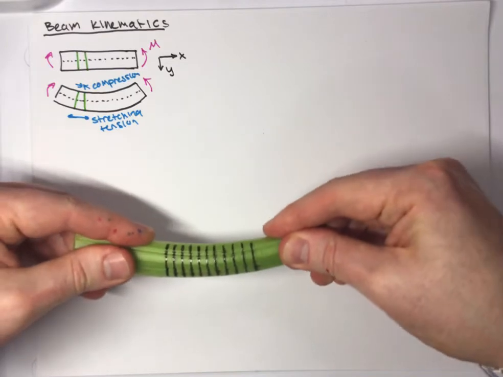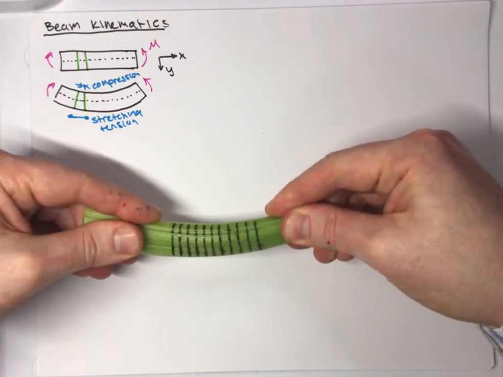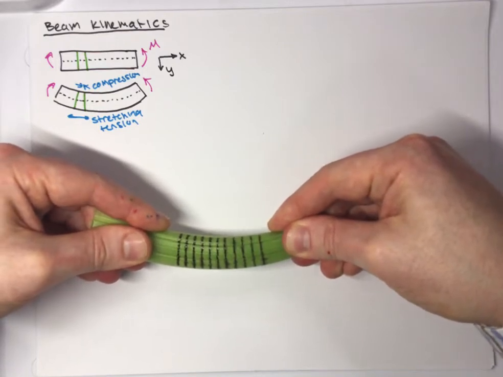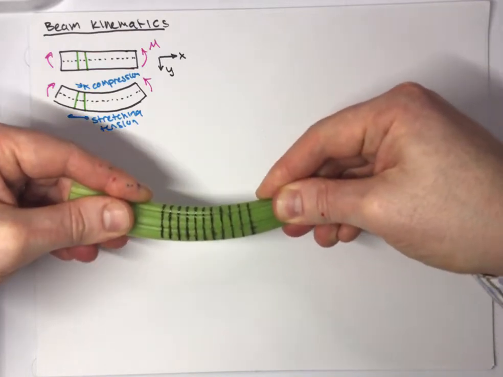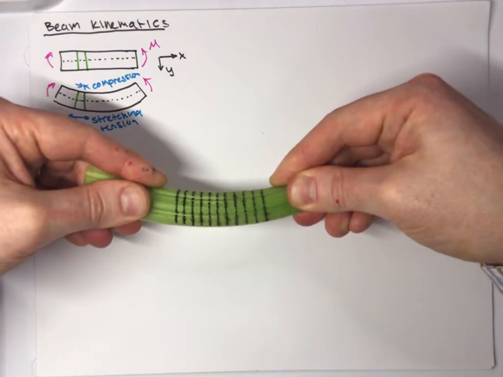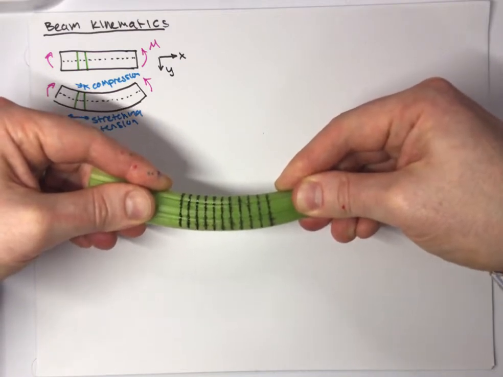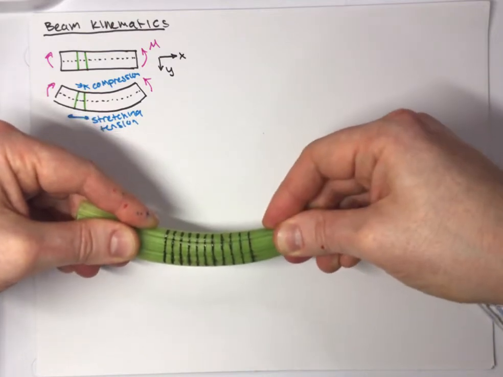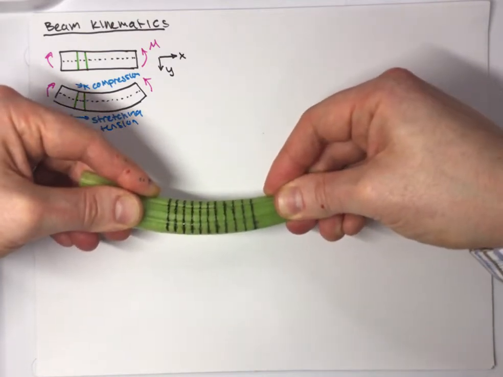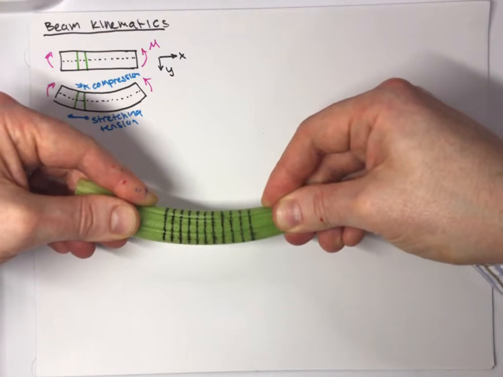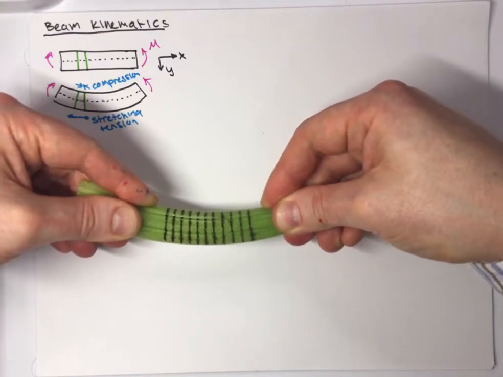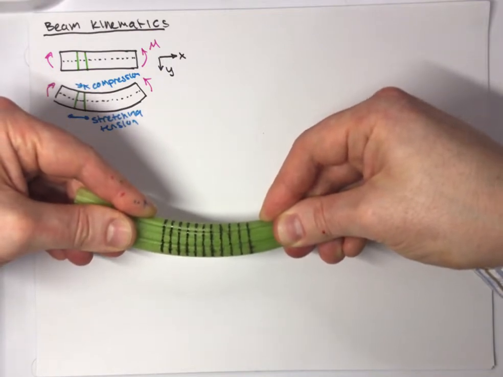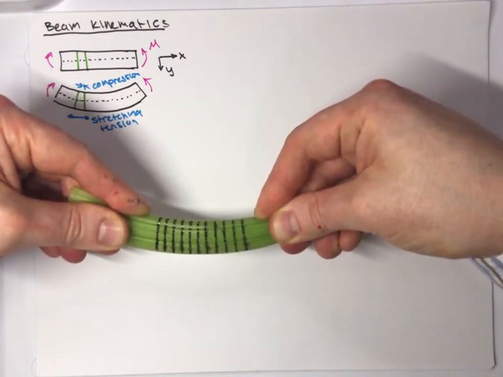So as I bend my celery stalk, I'm doing the same thing that our moment arrows are in our picture, and although it's hard to see, I think you can still see it a little bit there. So you can see that for the lines that I've drawn, the lines have stayed relatively straight, and you can see that we have a compression at the top of our celery stalk, and we have a tension at the bottom of our celery stalk.